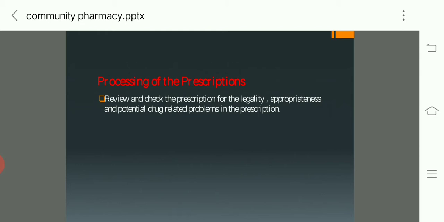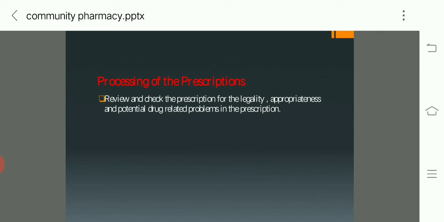In olden days, community pharmacists were just compounding and giving out the prescribed medicines. But nowadays, as we already said, pharmacists play a lot of roles other than compounding and dispensing of medicine. In that, the first one is processing of the prescription.